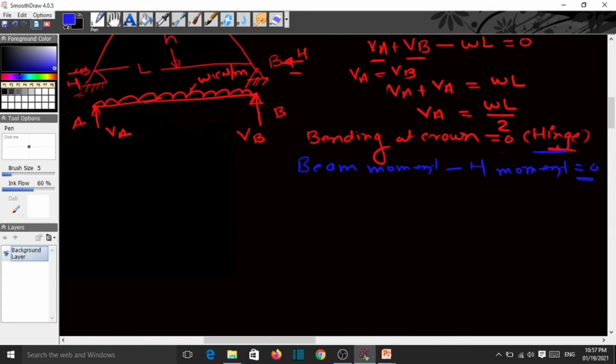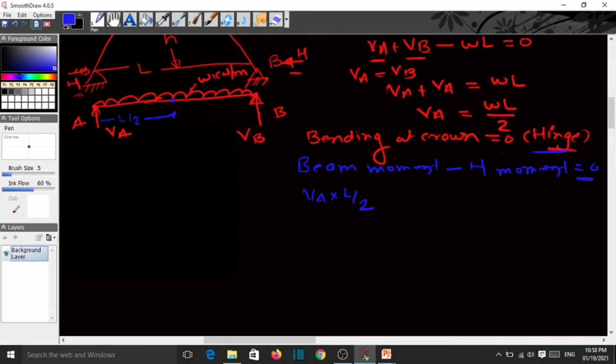So the beam moment, here we are taking the moment at this point. The beam moment is what? VA into L by 2.